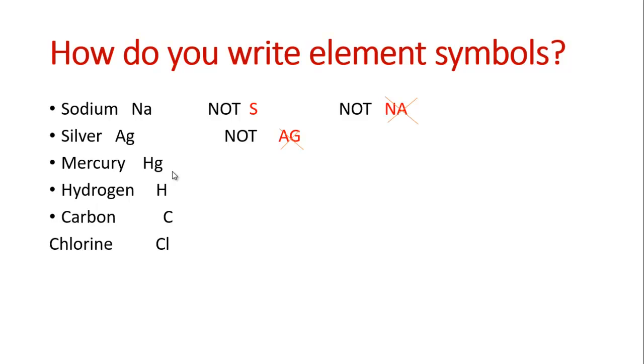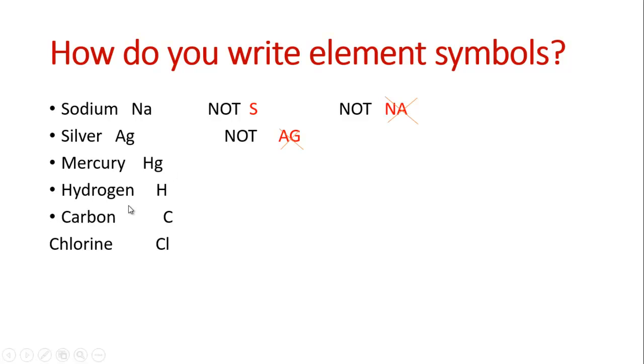Okay? But what about if the symbol of this element consists of only one letter? If the element consists of one letter, so this letter should be a capital letter, such as hydrogen.